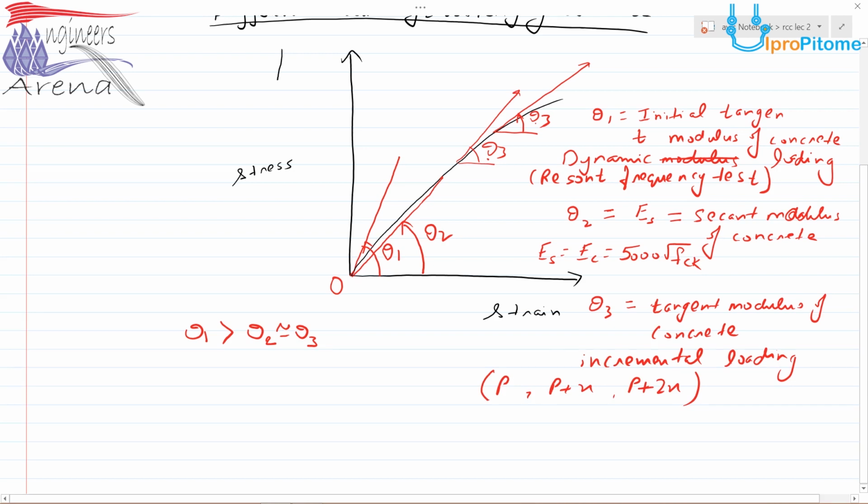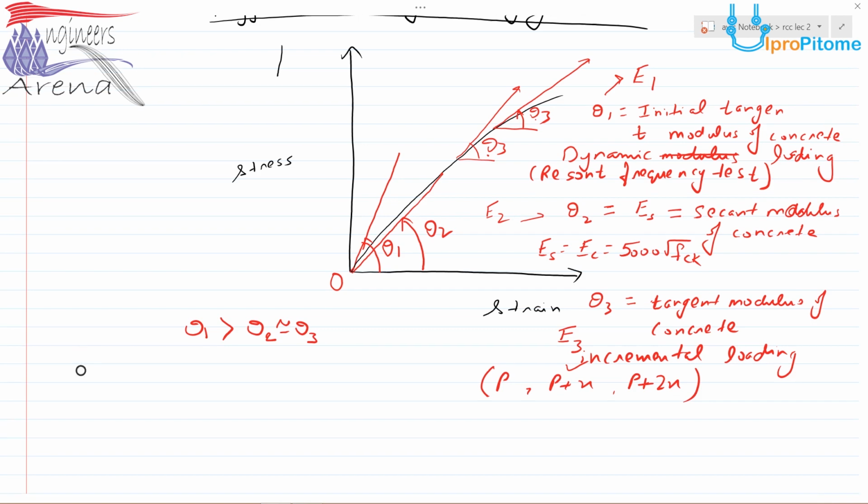This value of theta3 we can call E3. If this is E1, we can call this ES or E2, and this E3. E3, the tangent modulus of concrete, is used when there is incremental loading. So for different types of loading, we have defined different types of elastic modulus of concrete.